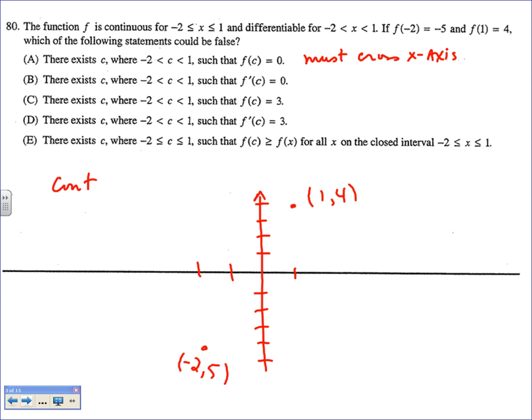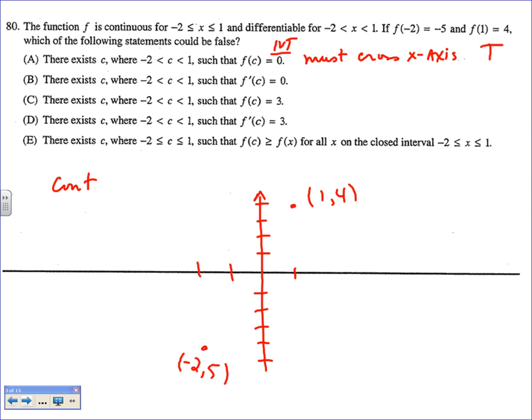I could draw it on here real quick and then remove it, but you get the idea. If it's continuous, somewhere it has to cross the x-axis. So this is true by the intermediate value theorem, which says in so many words that in a closed interval it has to take on every value between the left and the right. So that's a true statement.